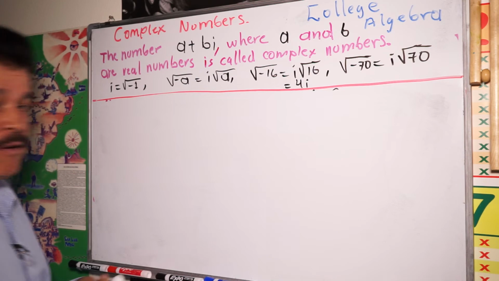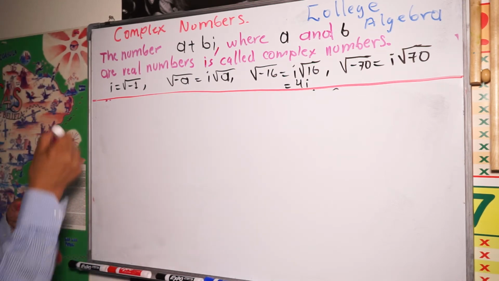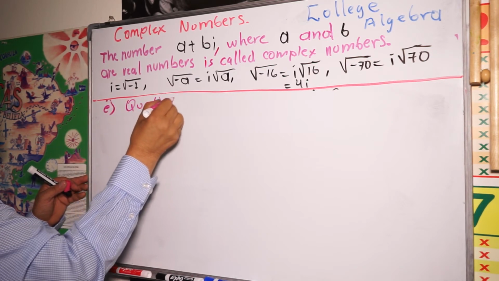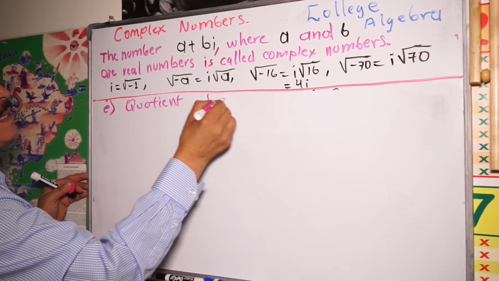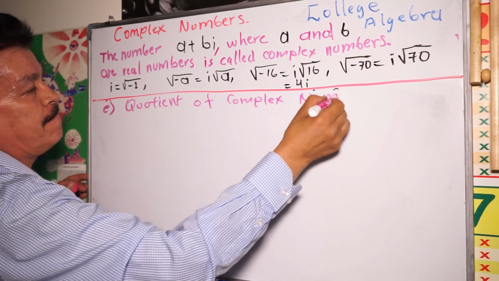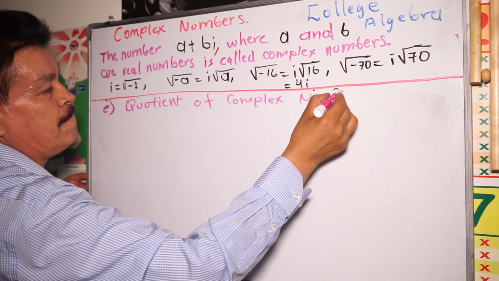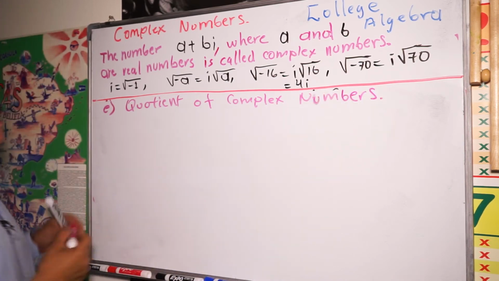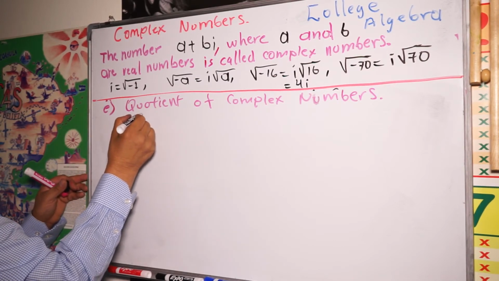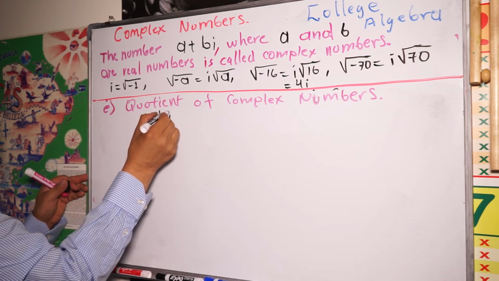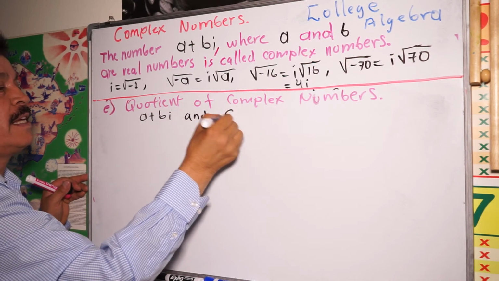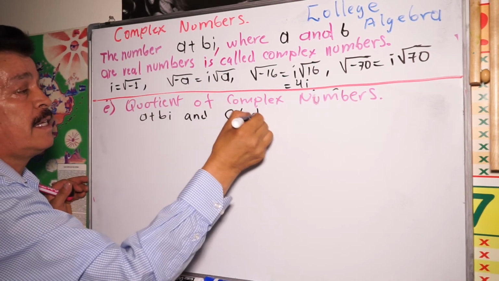Let's do another problem here, very important. Now, the quotient of complex numbers. The quotient of complex numbers has the form a plus b i and c plus d i.